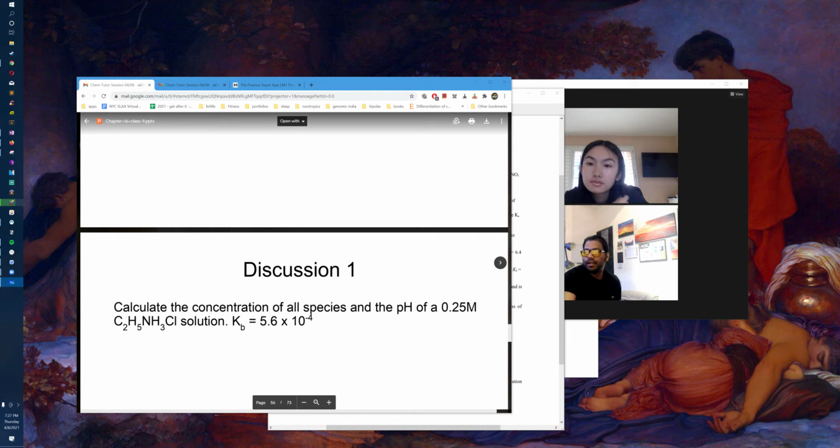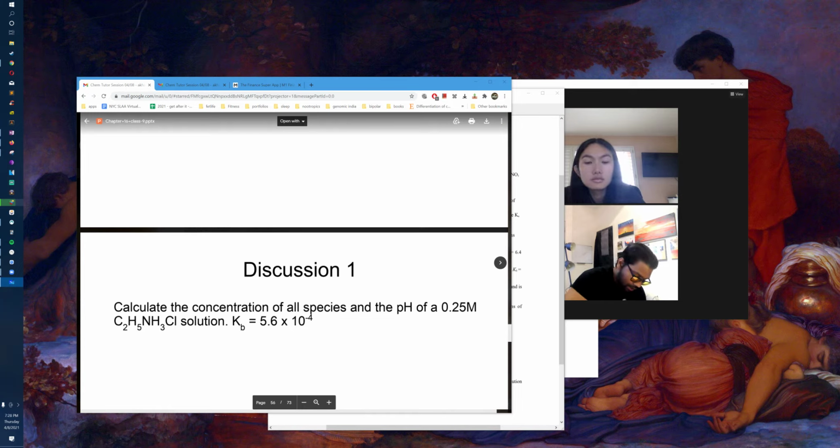So they're asking for the equilibrium concentrations of the base, which is on the reactant side and will be the denominator, right? The conjugate acid and the conjugate base. So equilibrium concentrations of these. All right, I'll write it on the left.